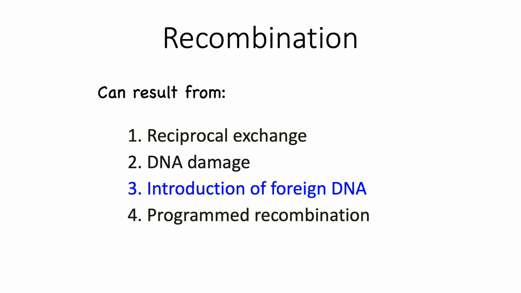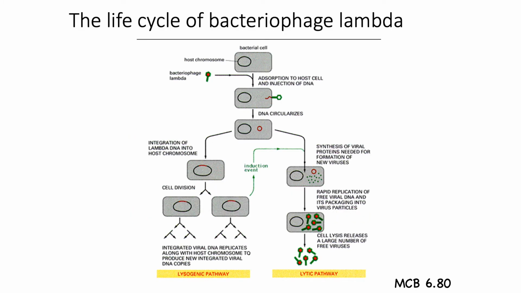Okay, we can also get introduction of foreign DNA into cells by recombination. And I'm going to show an example here. The life cycle of the bacteriophage lambda, which is a virus that infects the bacteria E. coli.